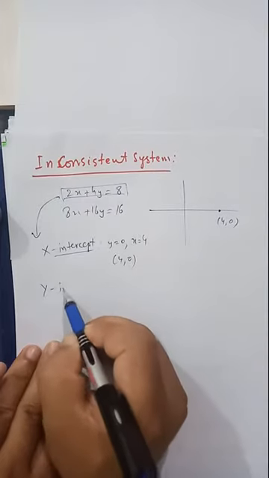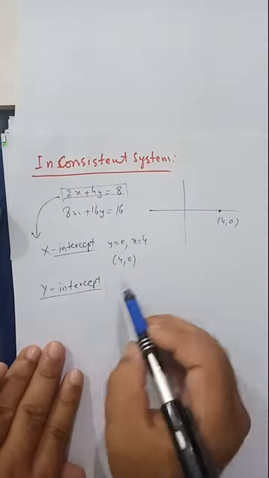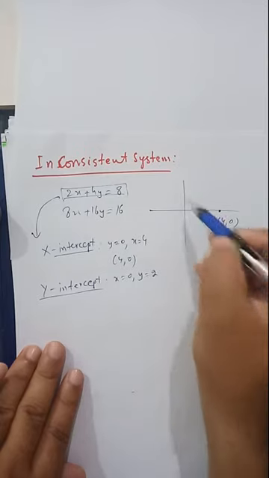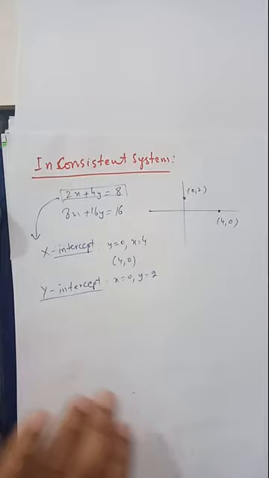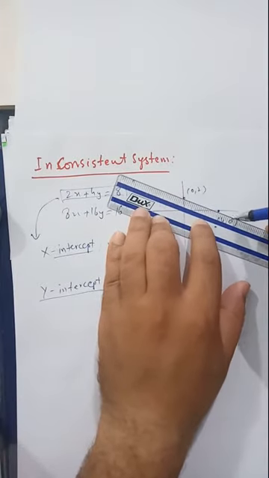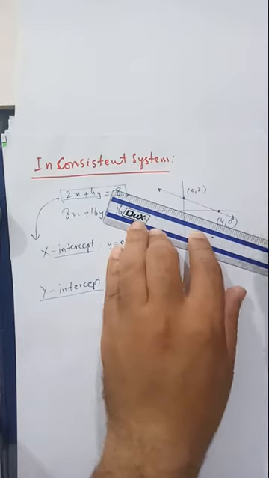And for the y-intercept, put x equal to 0, and y will be 2. So let's say this is (0, 2). This is the graph of equation number 1 of the system.